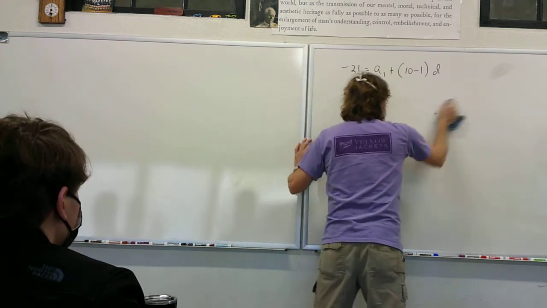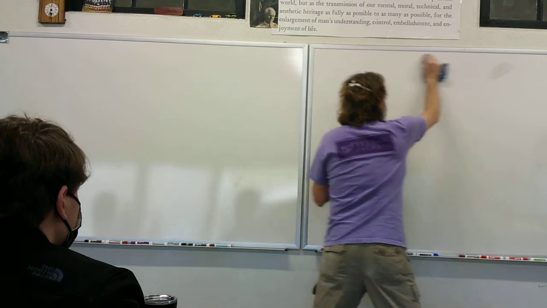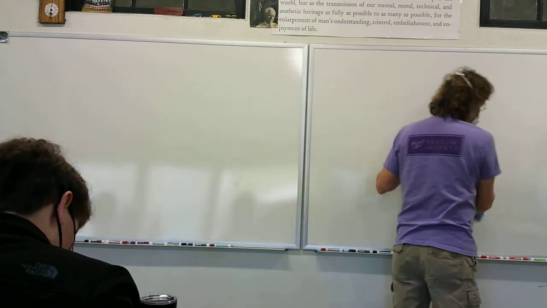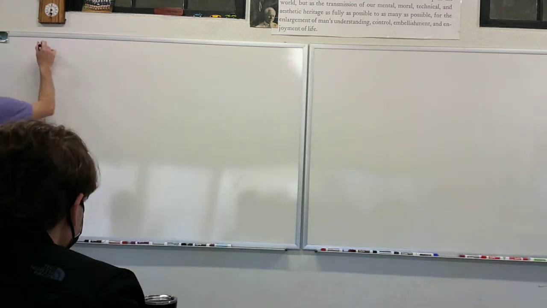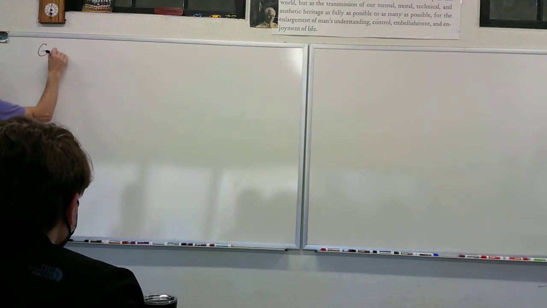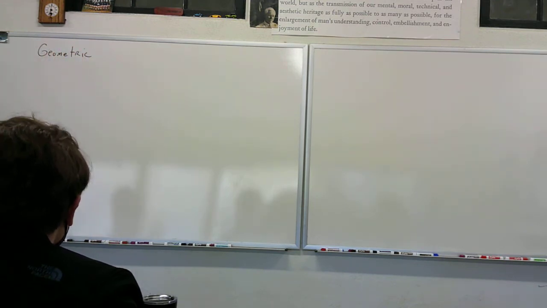Okay, let's look at geometric. These are the only two types we're going to look at this week. We're just going to look at these and do a lot with these. Geometric. Give you an example.